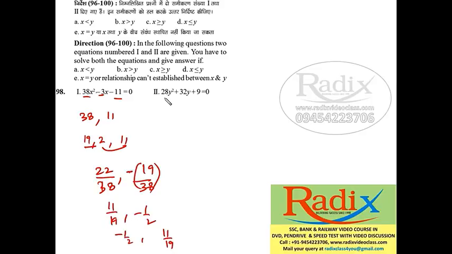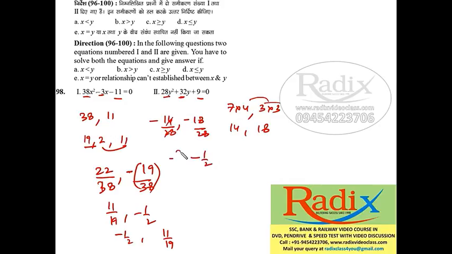Now next value, 28 and 9, this is 7 into 4 and 3 into 3. Now we have to make such factors whose sum is 32. 9 2 18 and 14, yes 18 and 14, so 14 and 18, because both positive, answer would be minus and divide by 28, so this is 1/2 and -9/14. So this value is equal and less, so y is less than or equal to x, C option.